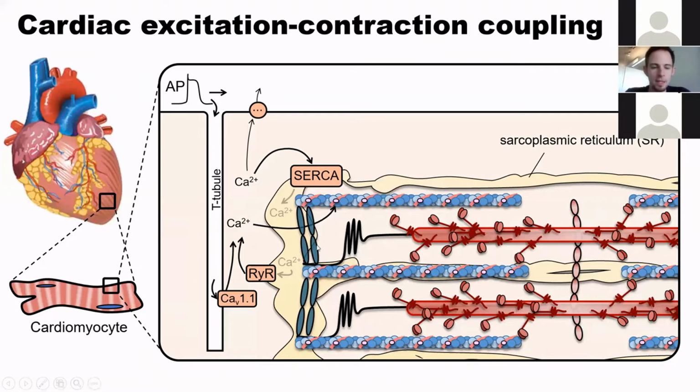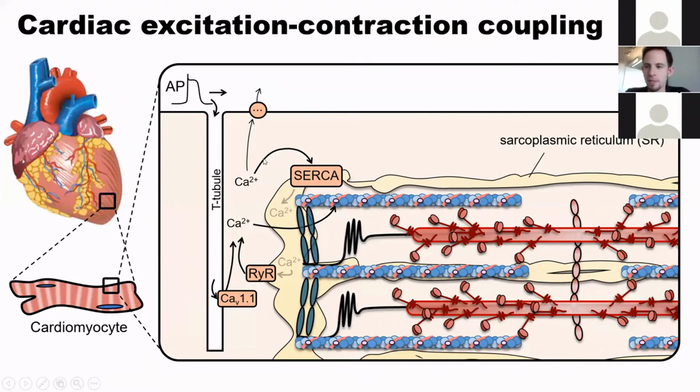And therefore, the heart muscle cells and the whole heart can contract and eject the blood out of the chambers in order to perform its function. For the next heartbeat to occur, obviously, the cell and the heart also need to be able to relax so that the chambers can refill with blood. That means that all the calcium needs to be removed from the cytosol of the cell again.